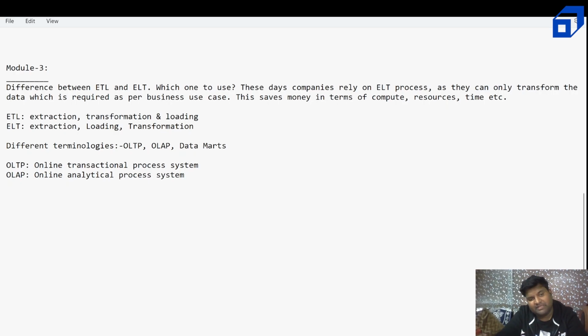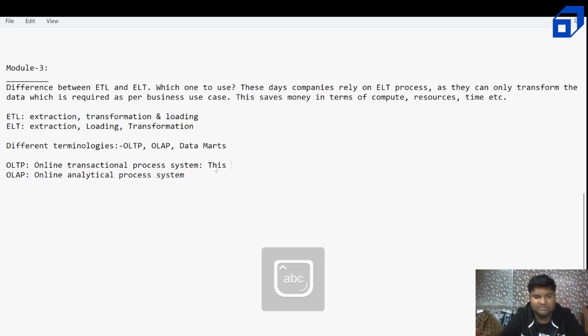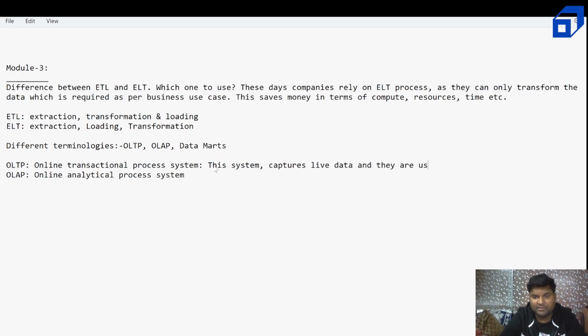So, based on the definition, OLTP means online transactional processing system. What is a transactional processing system? This system captures live data and is used for capturing the recent transactions.